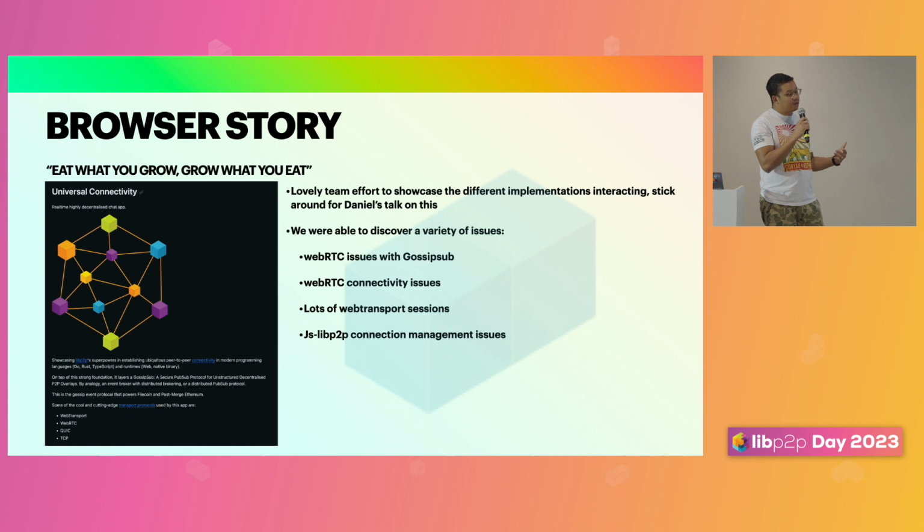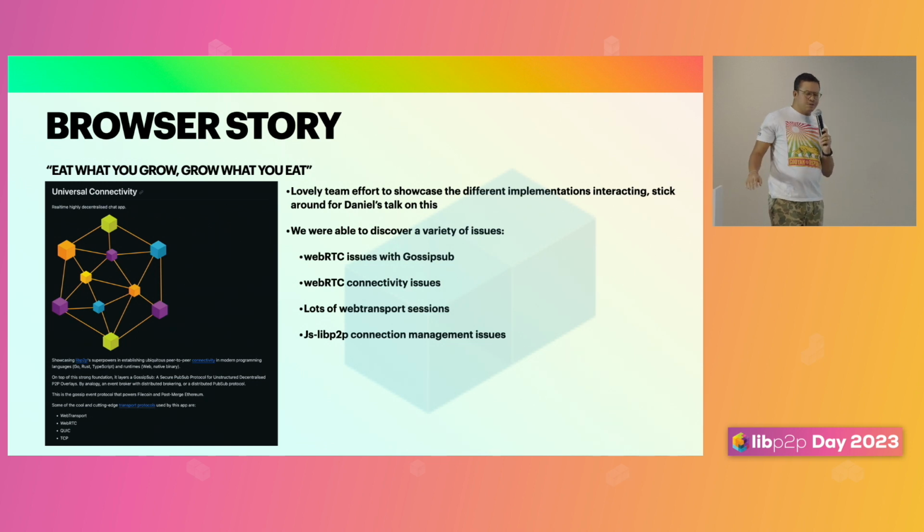I think Joel had mentioned some of this earlier in his talk, but there were also issues we would never have anticipated, like Identify running on transient connections and other connectivity issues around WebRTC in general, which isn't that uncommon, as I've begun to learn digging through the history of WebRTC.